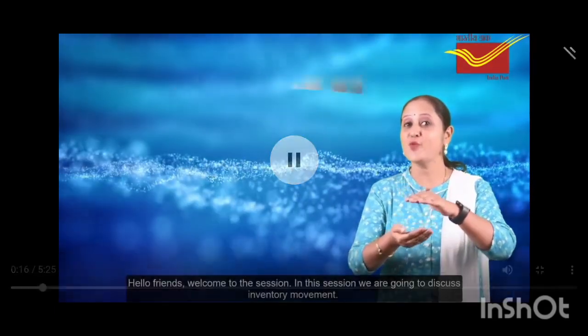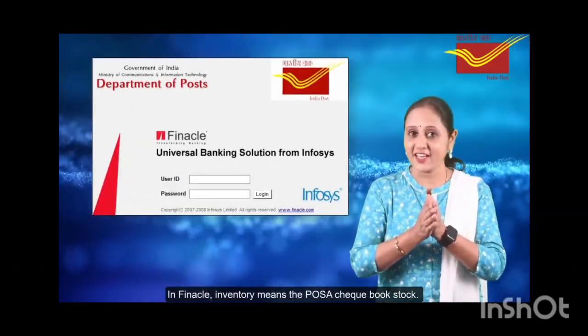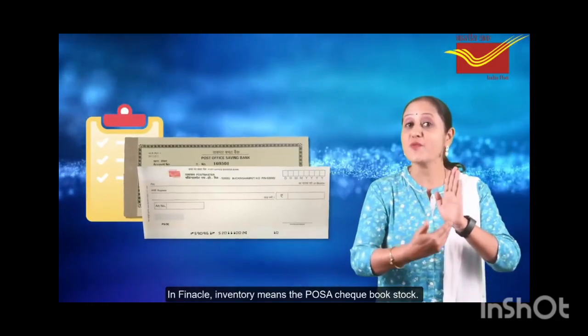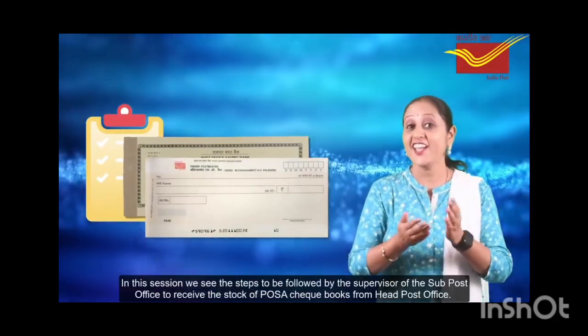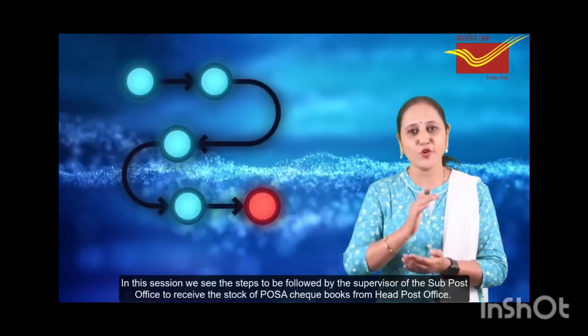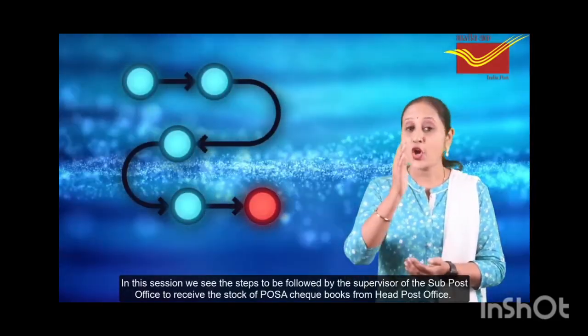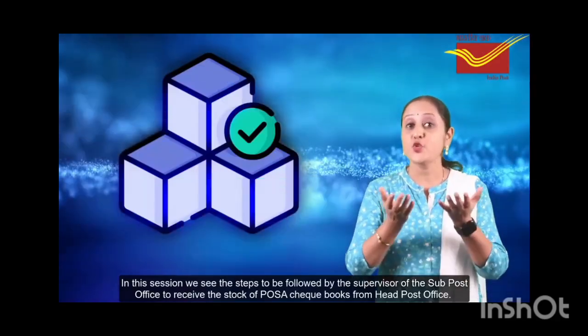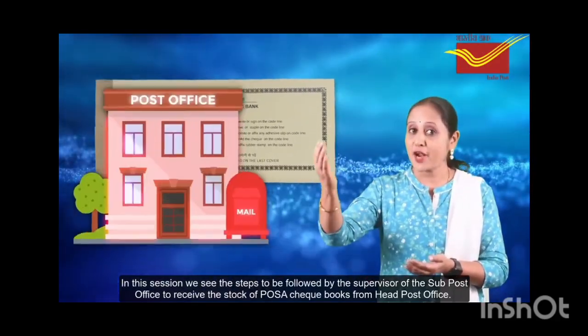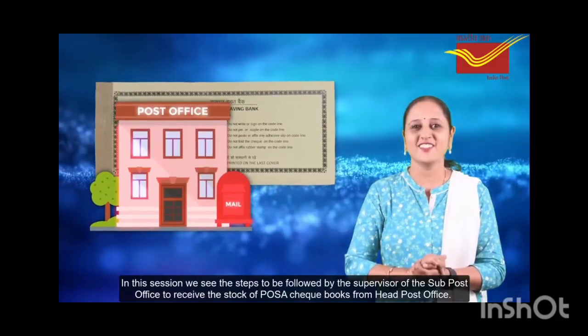The inventory movement. In Finacle, inventory means the POSB checkbook stock. In this session, we see the steps to be followed by the supervisor of the sub-post office to receive the stock of POSB checkbooks from the head post office.